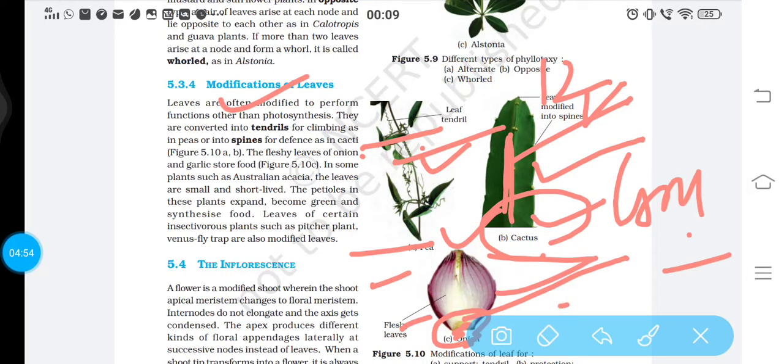That's why at certain places it is written as modified stem, but if you observe this portion, it represents modified leaf. So if contradictory statements are given, you should know the reason: at certain places it is written modified stem, while at other places it is written modified leaf.